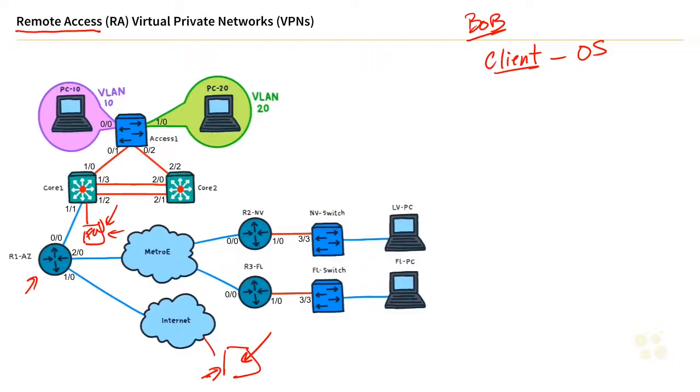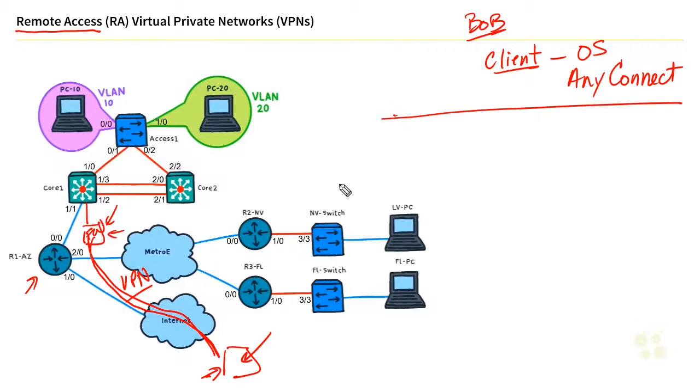So if he was on Linux or Mac or Windows, those platforms have some capabilities and functionality for building VPNs. And so Bob could use one of those. Or in a Cisco environment, the best option for Bob's remote access VPN is the Cisco AnyConnect client, which Bob could install on his computer and use that software as the logic behind building that tunnel between Bob and the head end device. So that'd be Bob's personal VPN right there going to corporate headquarters.